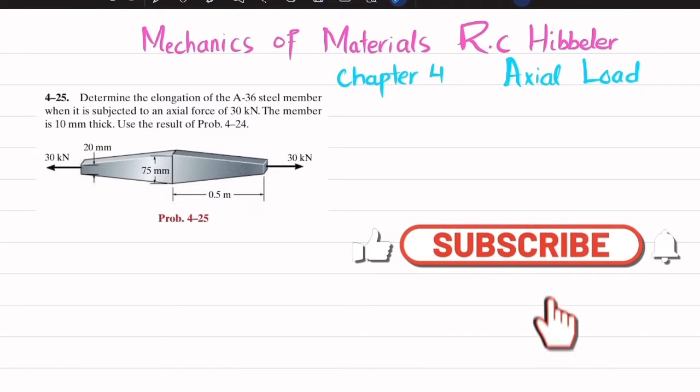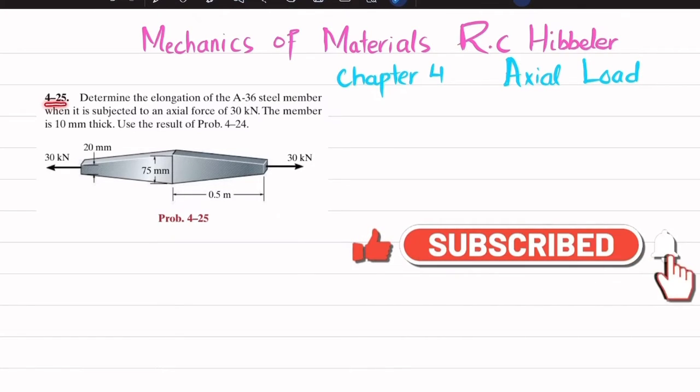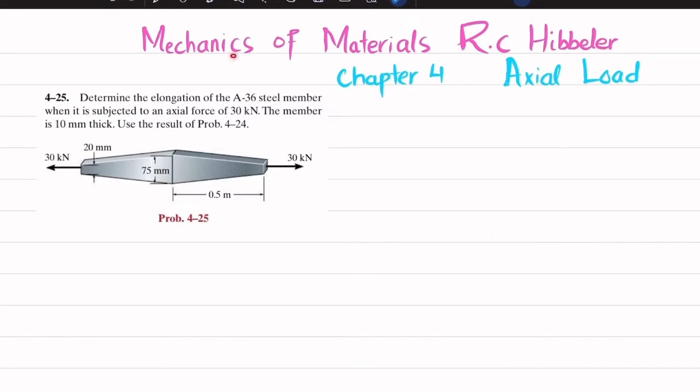Welcome back. In this video, we are going to solve problem 4-25 that is taken from chapter number 4, Axial Load, and the book name is Mechanics of Materials by R.C. Hibbeler. The statement is: determine the elongation of the A36 steel member when it is subjected to an axial force of 30 kilonewton. The member is 10 millimeter thick. Use the result of problem 4-24.